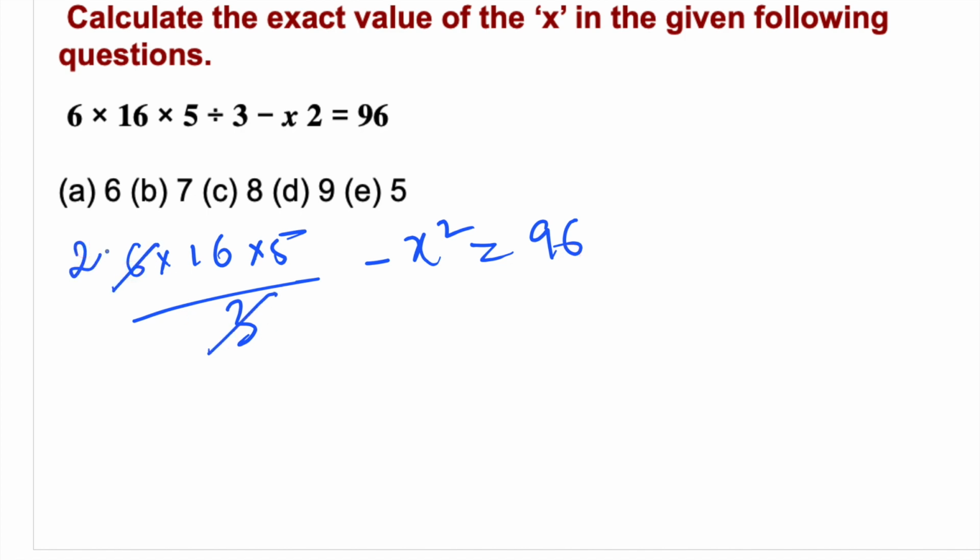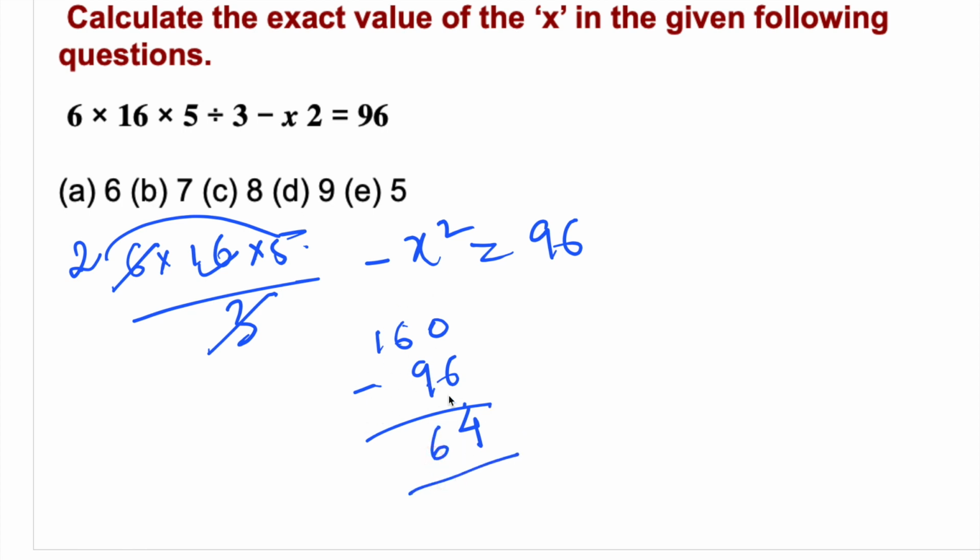So cancel this by 3. 2 into 5 is 10. 10 into 16 is 160. 160 minus 96, 64. Okay. 64 equals x square. So x is equal to 8. Option C is the answer.